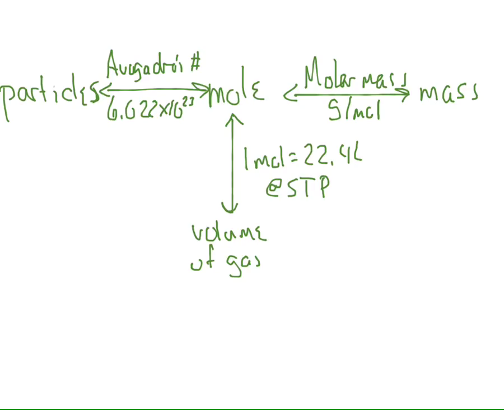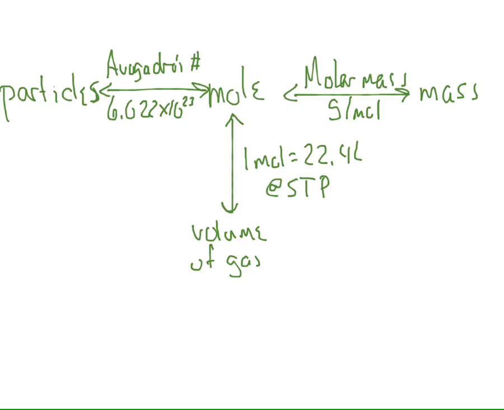So I just added a new third leg to our little flow chart here. The next chapter we'll add a 4th one. But everything goes through moles. Moles is the crossroads. So I can now relate volume of gas to mass of a solid, and volume of gas to atoms, ions, molecules, and vice versa.